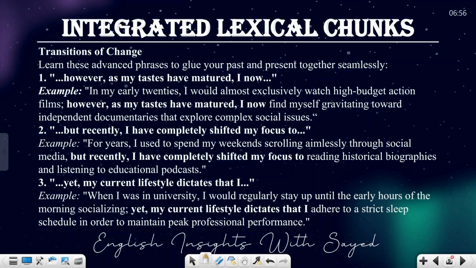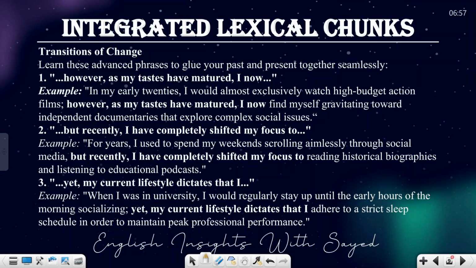I have given the sample sentences. You can see, in my earlier 20s, I would almost exclusively watch high budget action films. However, as my tastes have matured, I now find myself gravitating toward independent documentaries that explore complex social issues. See? Okay, another example is given here.